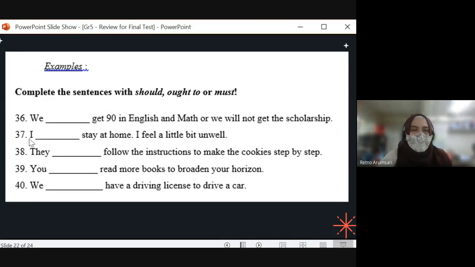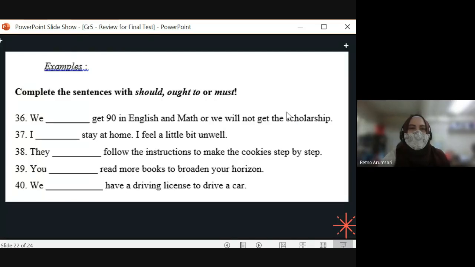Okay, number 36. What do you think, 5D? Is it should, ought to, or must? There is, we will not get the scholarship. Oh, that's a consequence, guys. That's a consequence.